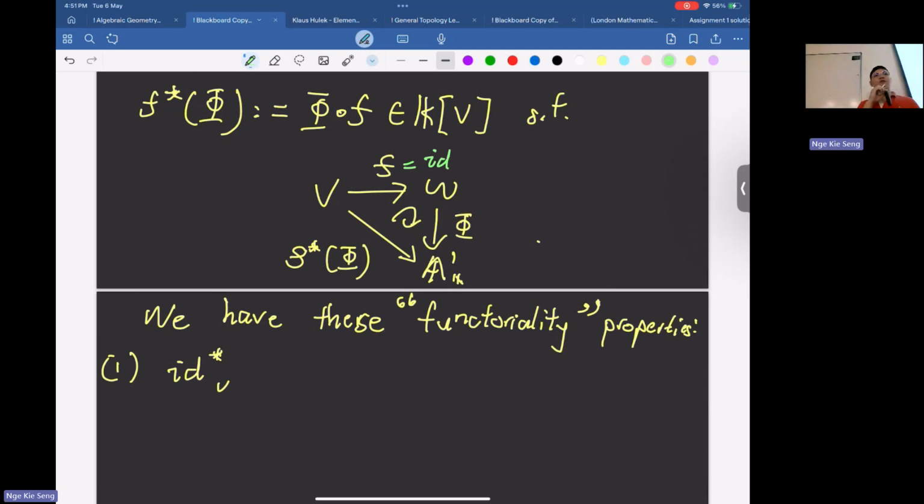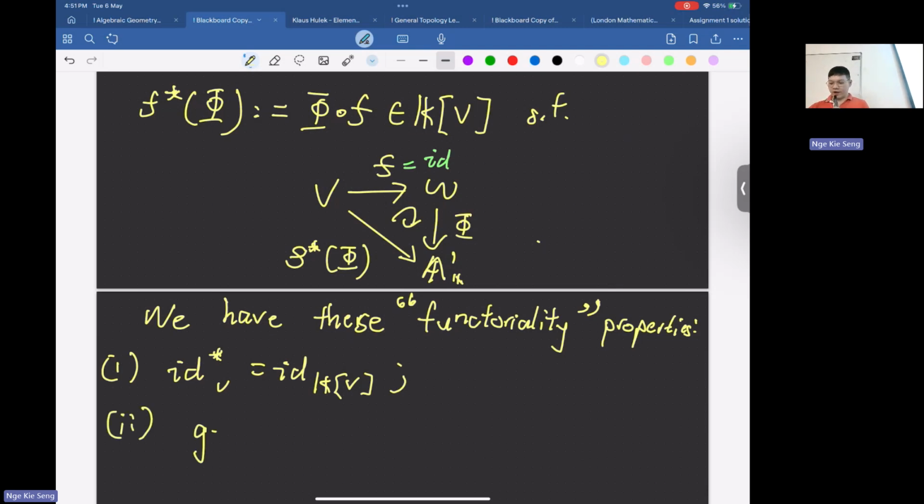Meaning you send all phi to phi. So it is actually an identity on the KV ring. You put any element of KV, it gives you back the element in KV again. Correct or not? Phi composed with identity is phi. So the pullback of the identity is always an identity.